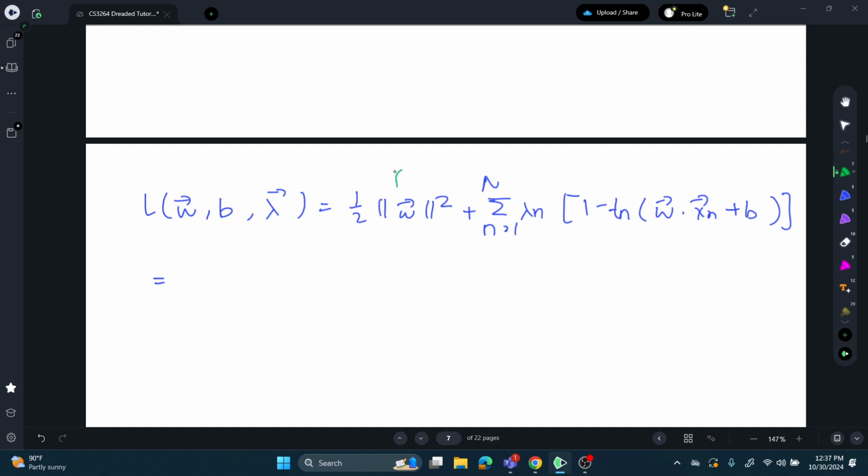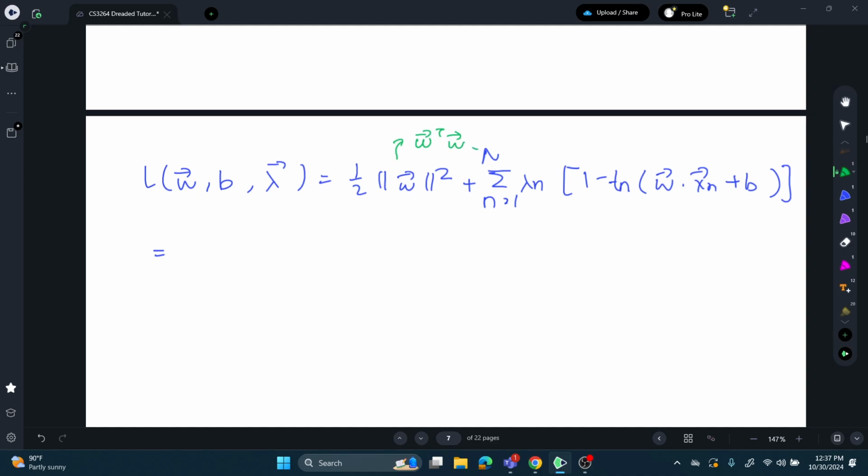We can utilize the common property here. This is just basically w transpose w. When you want to find the square of the magnitude, it is just the dot product, so essentially w multiplied by itself. The moment that happens, I can just plug in this value. This is my w times w, so it's just this thing transpose, then I'll put the same summation.